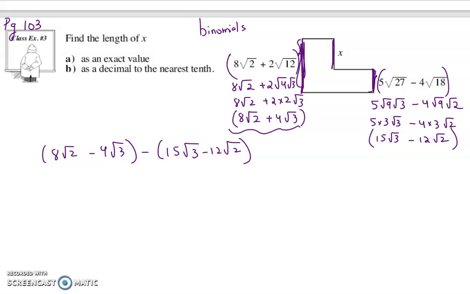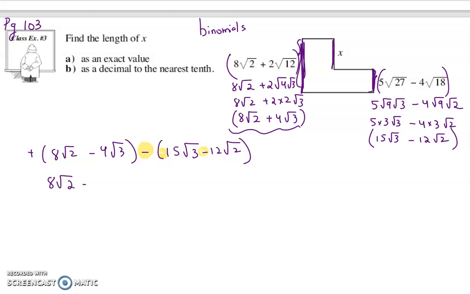Okay. So now this is important. The reason I put these brackets in is because of this negative, because this negative will definitely change the signs of these numbers inside. The first one, when it opens, because there's no sign, is positive.